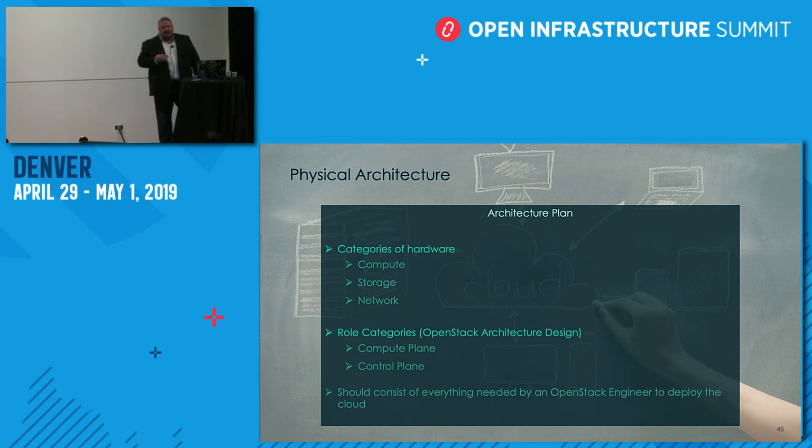You have two different role categories for your hardware design, compute plane and control plane. We'll get into the definitions of those in a minute. And then your deployment plan, with a list of these hardwares, a list of these components, should include everything needed by an OpenStack engineer to deploy the cloud.